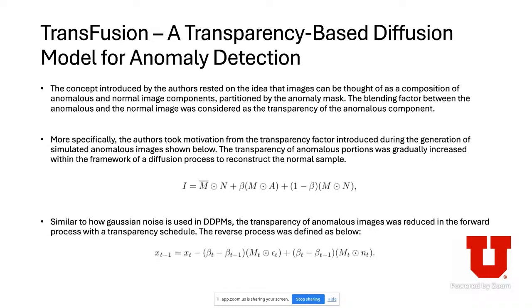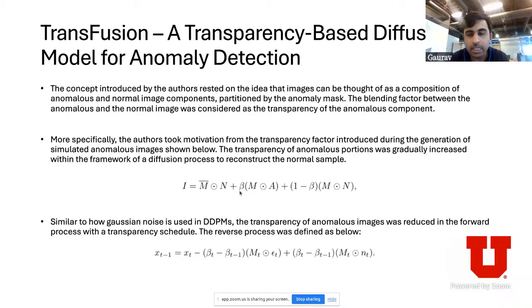It says the transparency of anomaly portions was gradually increased with the framework of the diffusion process to reconstruct normal images. That basically means, in the diffusion process, you're going to diffuse it to increase the beta, right? Increasing the beta means the normal images are becoming more and more important.